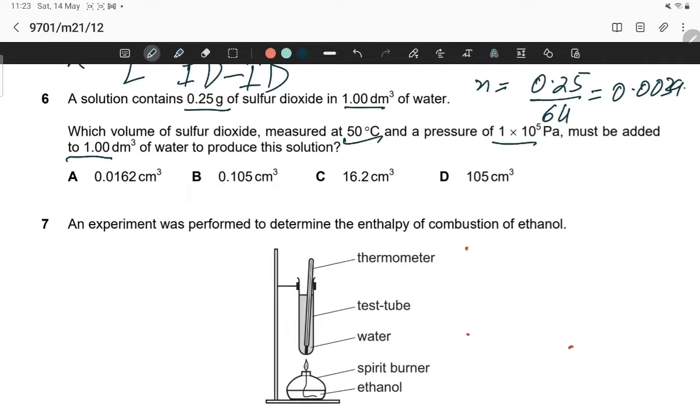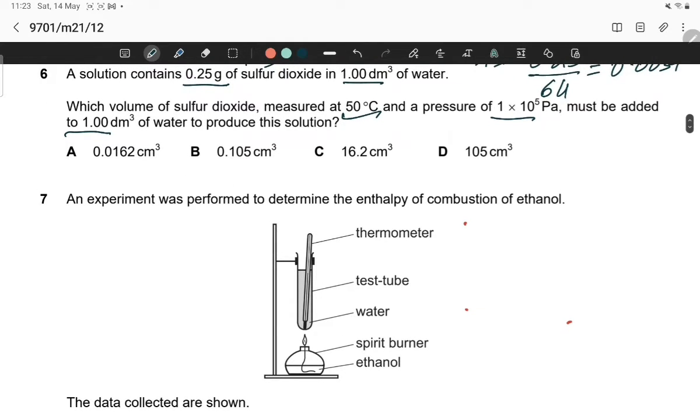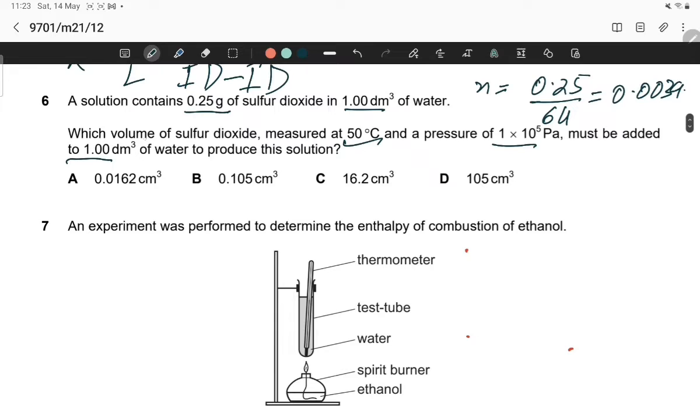which is equal to 0.0039. Then which volume of sulfur dioxide measured at 50 degrees centigrade.